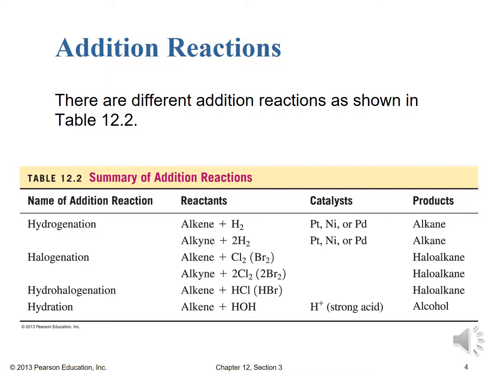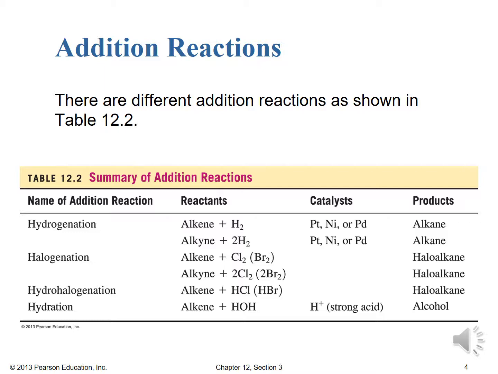Likewise, if we have an alkyne, a triple bond, if there's one triple bond in the alkyne and we add 2 moles of hydrogen, right, the first mole of hydrogen would reduce the triple bond to a double bond, and then that second mole of hydrogen would reduce that double bond all the way down to single bonds, same sort of platinum, nickel, or palladium catalyst, same alkane product. Again, that's fully hydrogenated.